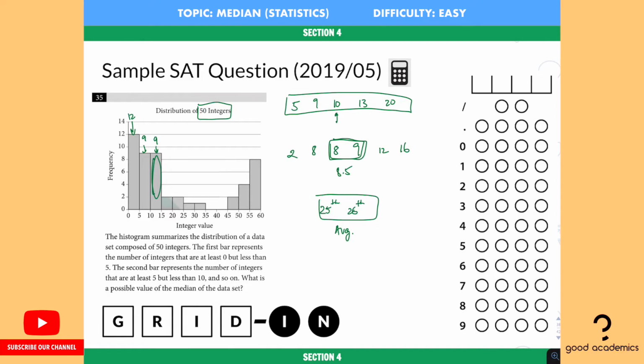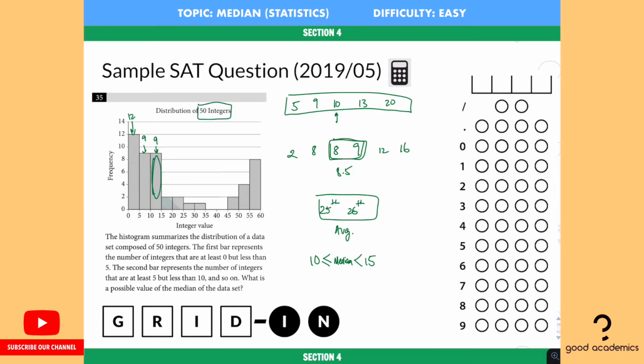Now, what number are they exactly? We don't know, but we know that it must be somewhere between 10 and 15. It must be at least 10, but not 15. So that's how we know the median is going to be a number between 10 and 15, greater than or equal to 10, but definitely less than 15.